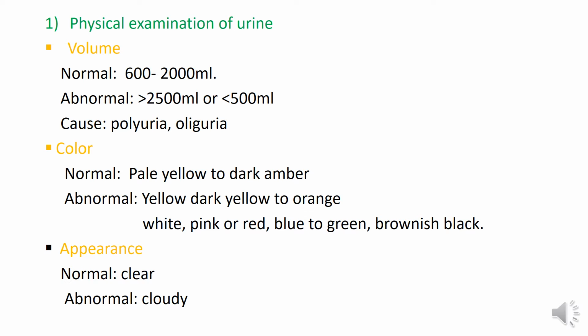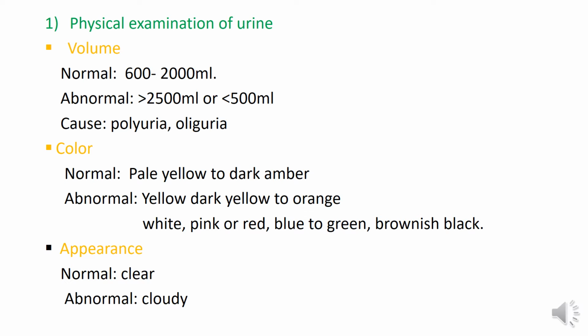The normal volume of urine is between 600 to 2000 ml and abnormal is more than 2500 ml or less than 500 ml. In the polyuria condition, the urine volume increases, meaning more than 2500 ml.